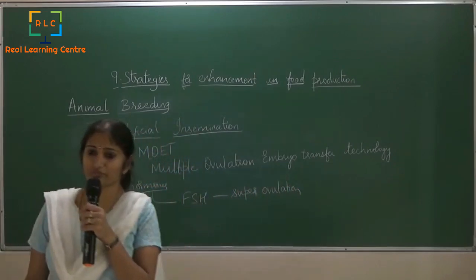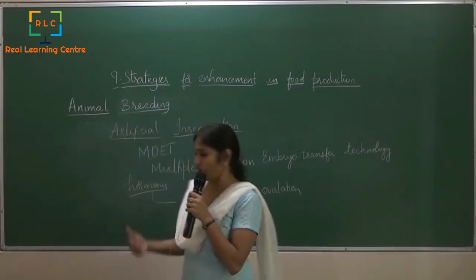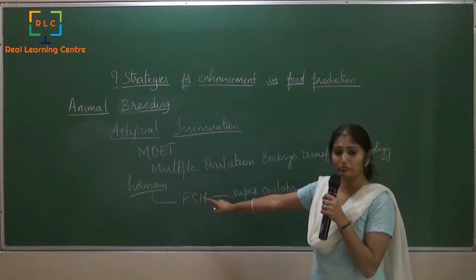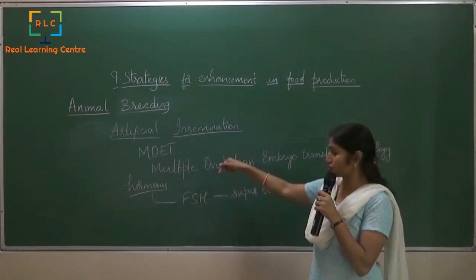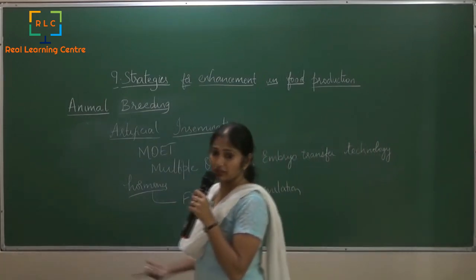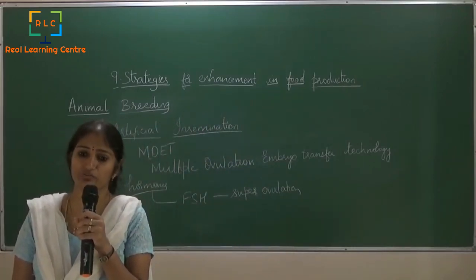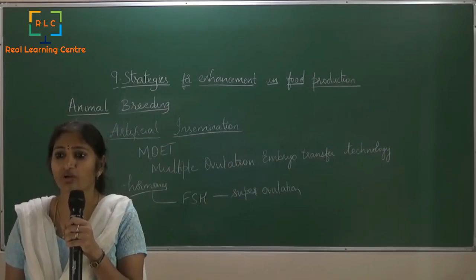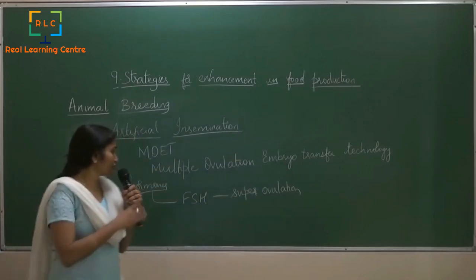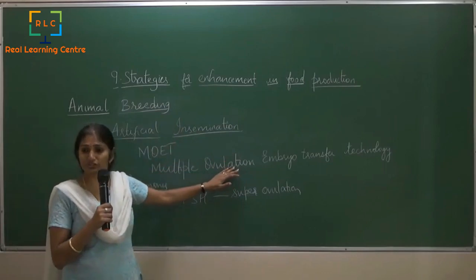Please do remember that this is again by injection, artificially injecting the hormones into the cow. It does not release one egg, but so many eggs, maybe around 5 to 8. Because of this, you see a higher ovulation.